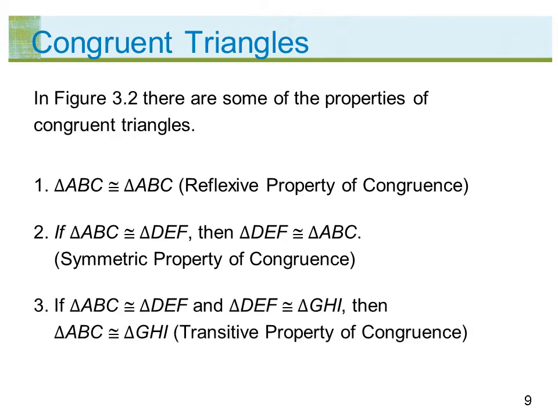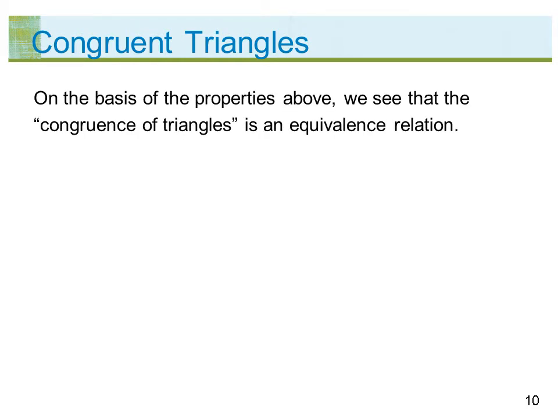If triangle ABC is congruent to triangle DEF, and triangle DEF is congruent to triangle GHI, then triangle ABC is congruent to triangle GHI, transitive property of congruence. On the basis of the properties above, we see that the congruence of triangles is an equivalence relation.